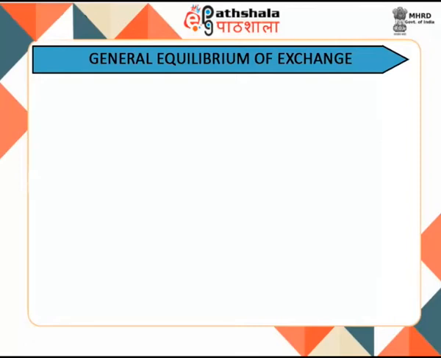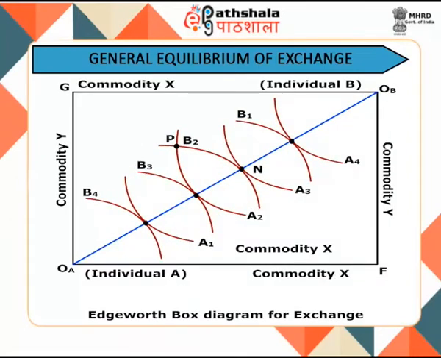Recall the equilibrium condition MRS xy of A is equal to MRS xy of B, which tells us that an efficient exchange is obtained where the indifference curves of individuals A and B are tangential to each other.